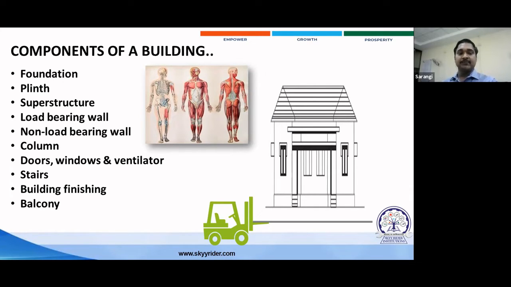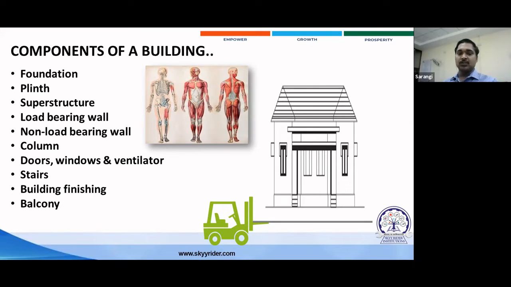Then the plinth. Plinth is the middle portion which gives a reference line to know what is the substructure and what is the superstructure. Superstructure is the structure above the plinth level, and the substructure is below the plinth level.